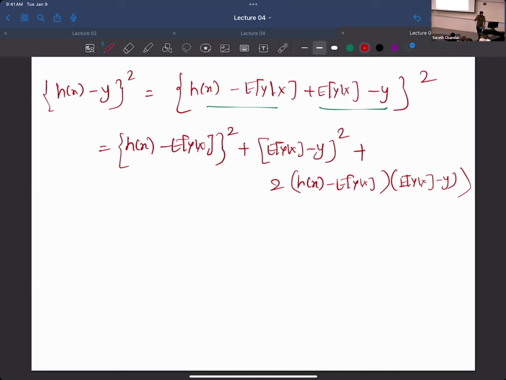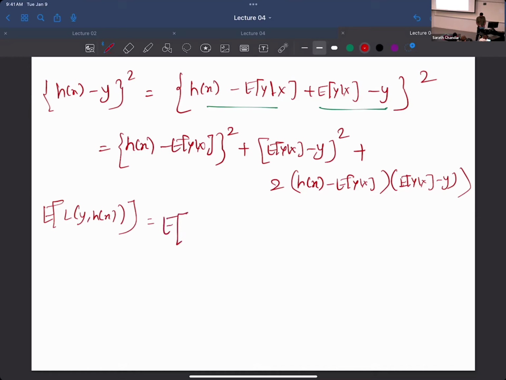Okay, now I'm going to take an expectation here. So the expected value of the loss function is given by the expected value of the first term, the expected value of the second term, and the expected value of the third term. Okay, this looks like a very big derivation, but it is simple algebra.